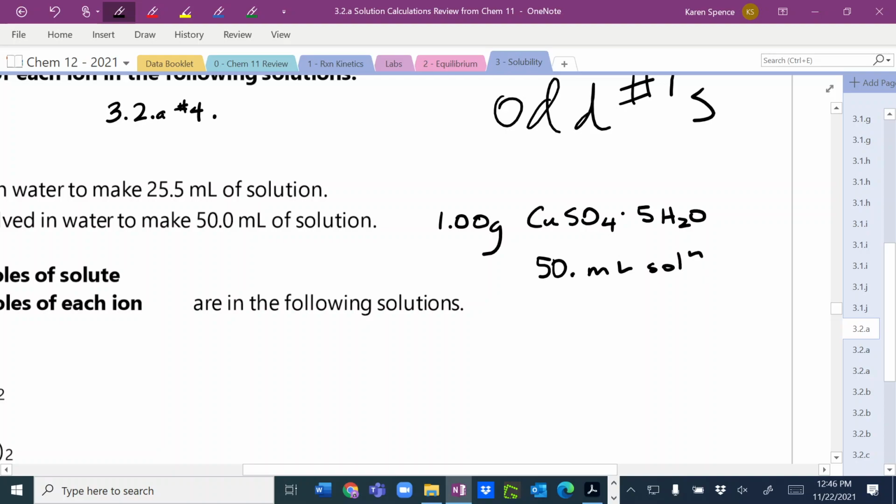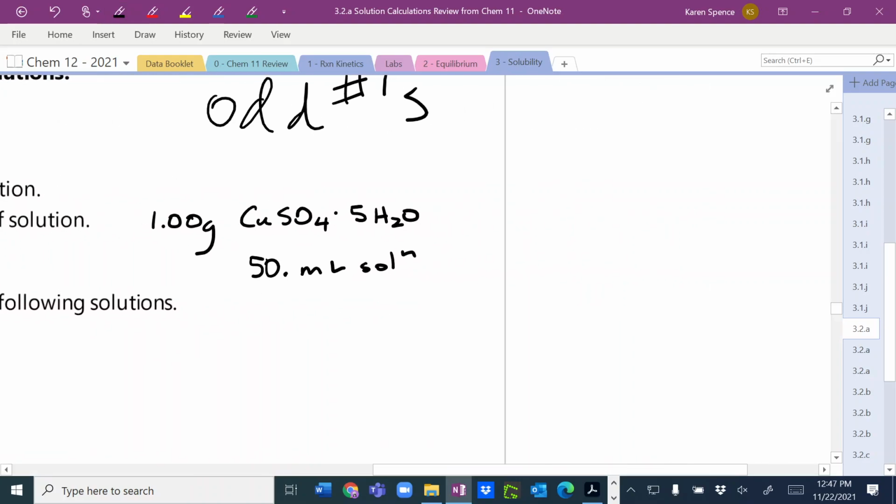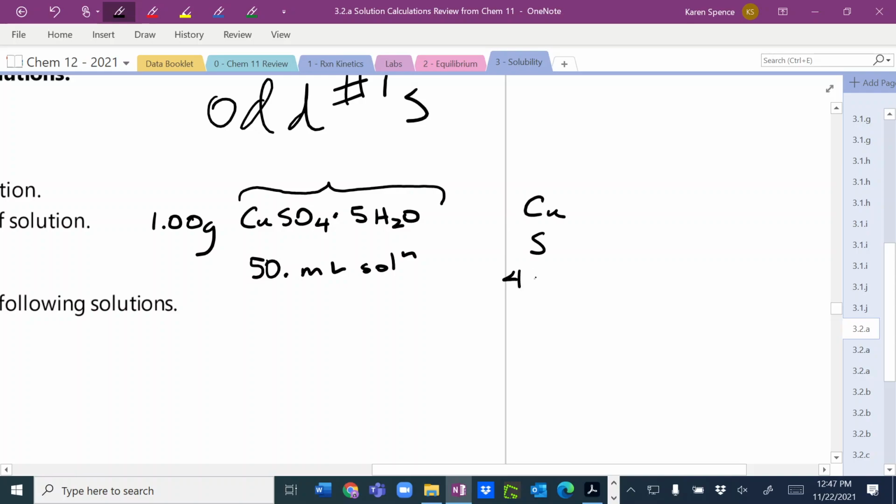Okay, so what we need to do first of all is find the molar mass of this thing, which is going to be the mass of copper, sulfur, 4 oxygen, and 5 water. The reason this one's a little complicated is because it is a hydrate. So let's just add those up.